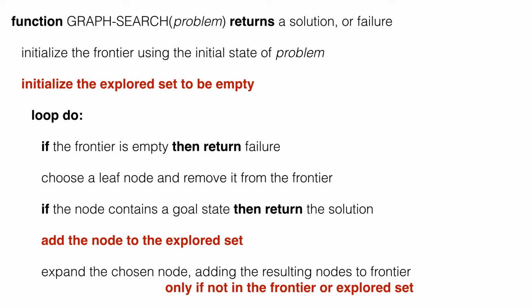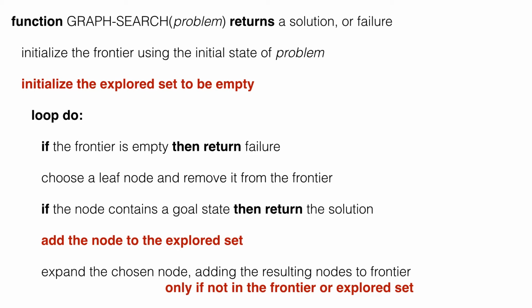After you've added it to the explored set, you then expand the chosen node, and you find all the states you can reach from the current node, and you add them to the frontier only if they're not already in the frontier and they're not in the explored set.